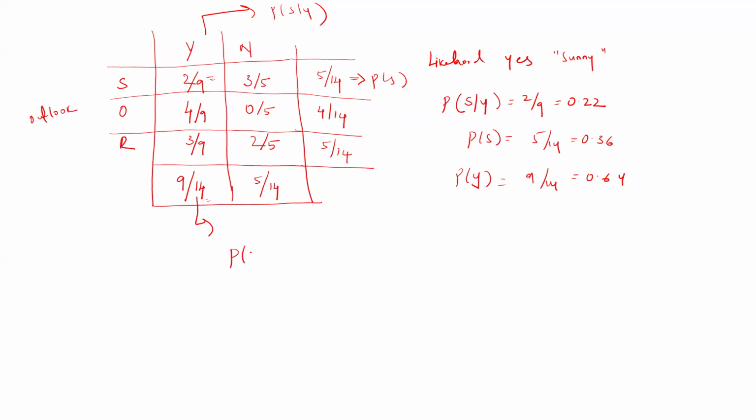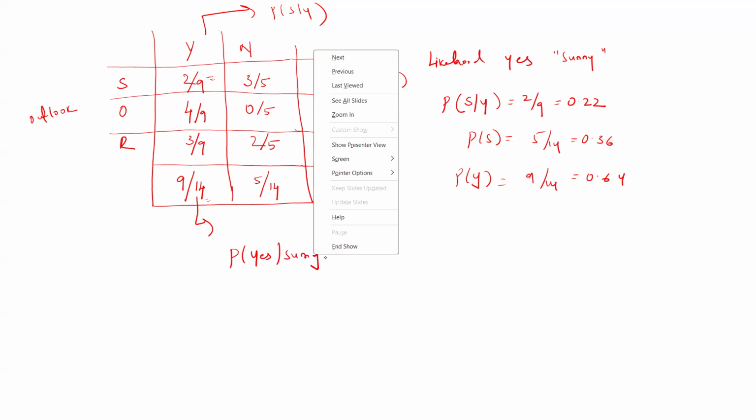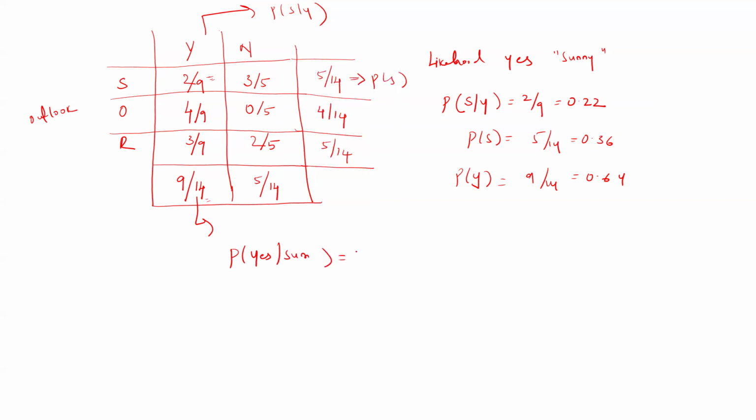That means, what is the formula? Probability of yes given sunny is equal to probability of sunny given yes into probability of yes divided by probability of sunny.